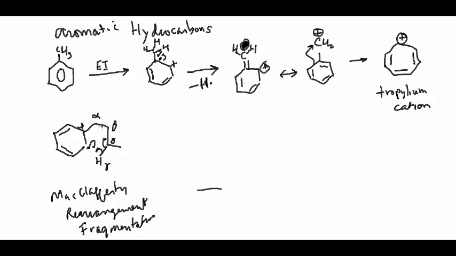This bond here breaks homolytically with the electron moving over there, and you see you're forming a full pi bond right there. Oh, I should show this one odd electron moving in this direction here.